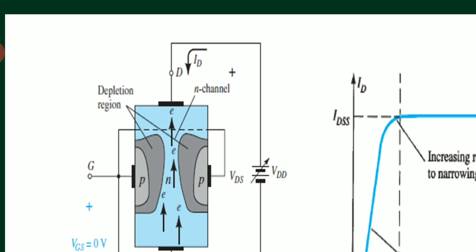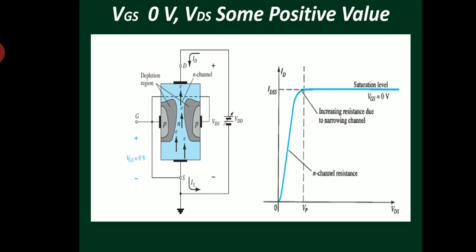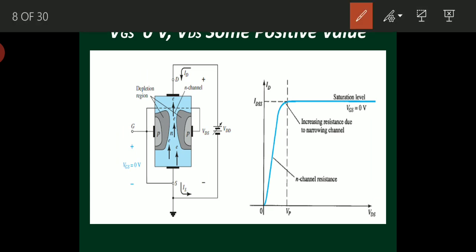And the current will become constant. This gap becomes constant and the current becomes constant. Why? Because the gap has become constant.